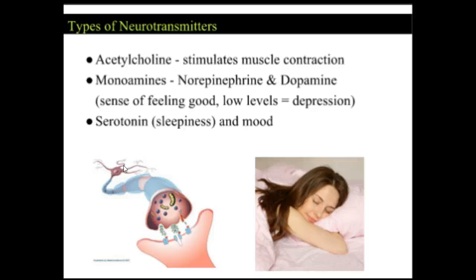One of those things that we talked about in neurotransmitters is acetylcholine, which stimulates muscle contractions, and we talked about neuromuscular junctions and the neuron releasing the acetylcholine onto that junction, causing the muscle to contract.